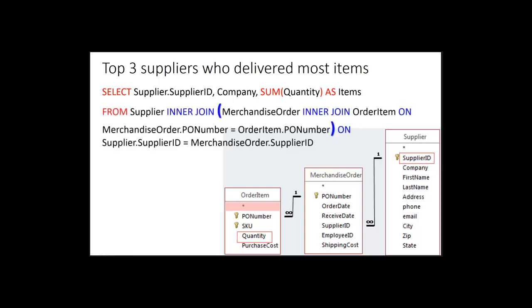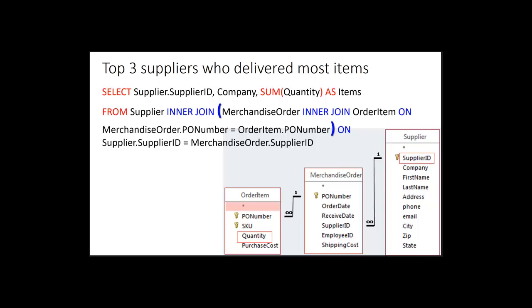Inner join in this query is different. We have 3 tables. What we do is join 2 tables first. Inner join 2 tables, merchandise order and order item, and then put parentheses around this join along with the primary keys that are equal, and then work with this join as a table.